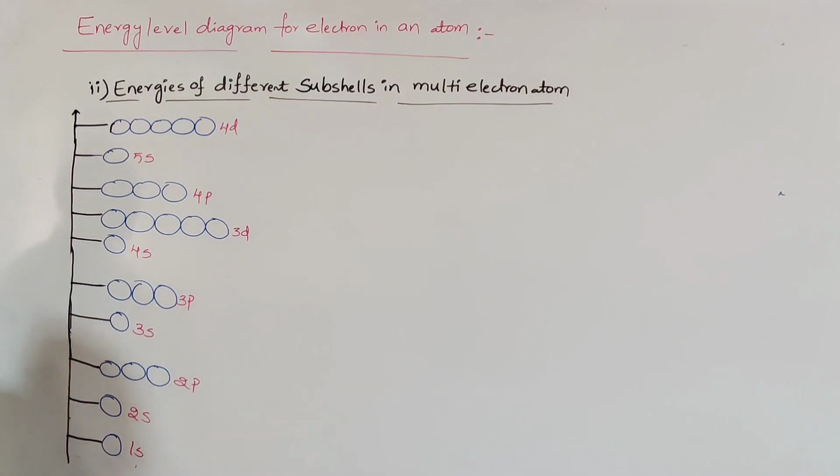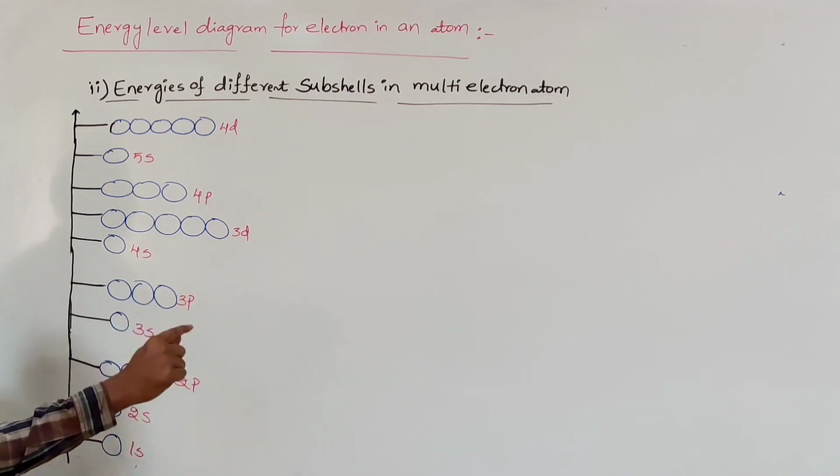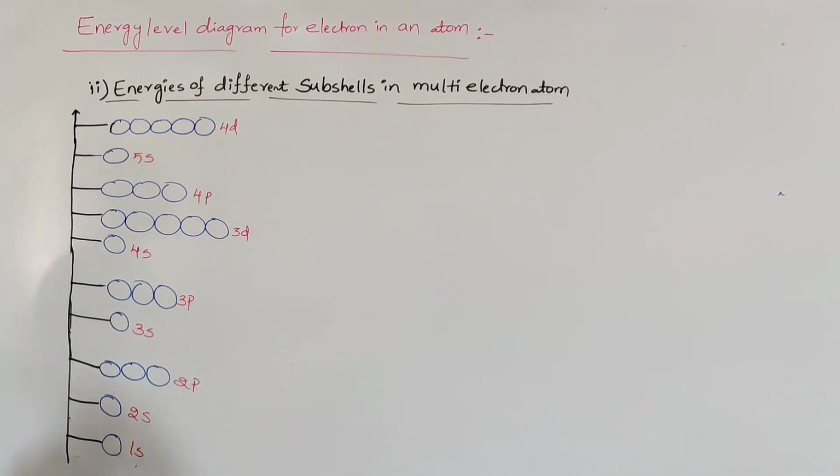But in a multi-electron atom, the energies of various subshells in a given principal energy level, having different azimuthal quantum number values, are different.